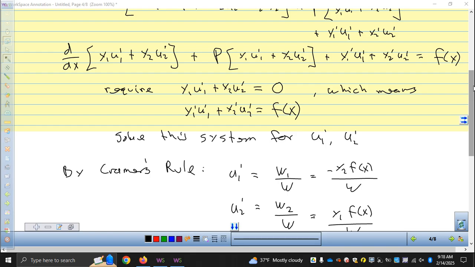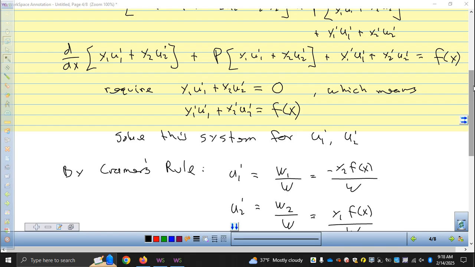So that gives us two equations that we can solve for u1 prime and u2 prime. We need two equations and two variables because we have two unknowns. This requirement gives us one of the equations, and that reduces the other equation. It's just convenient. It makes it so that we can solve for the two unknown parameters and come up with a solution.